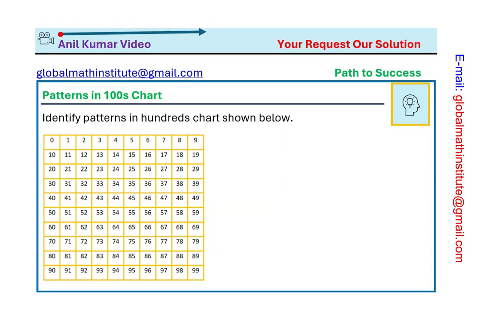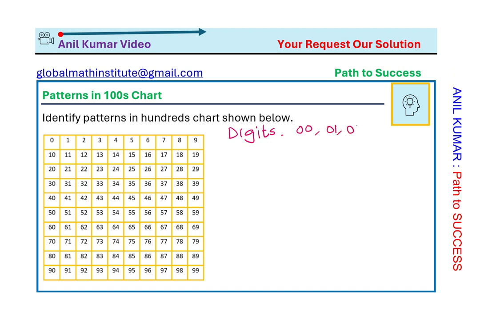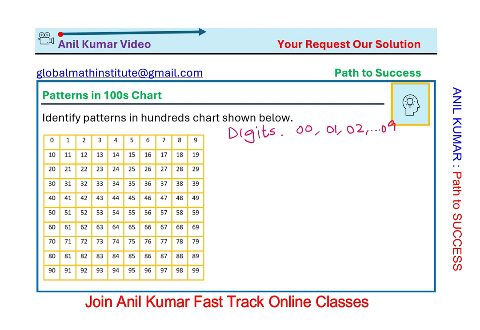So on this page, let's now look into the patterns. Now we'll understand how digits work. Most of the numbers here have two digits. The first row can also be written as 00, 01, 02 till 09, so we made it two digits by placing 0 first.